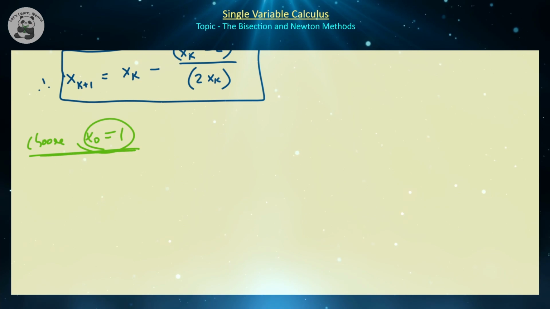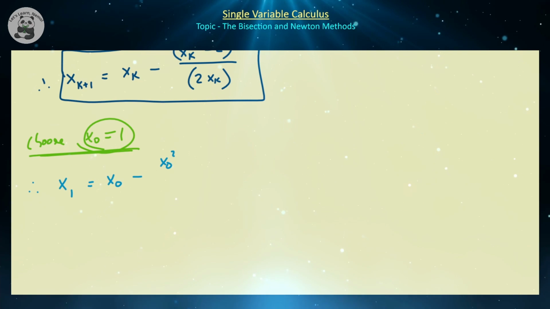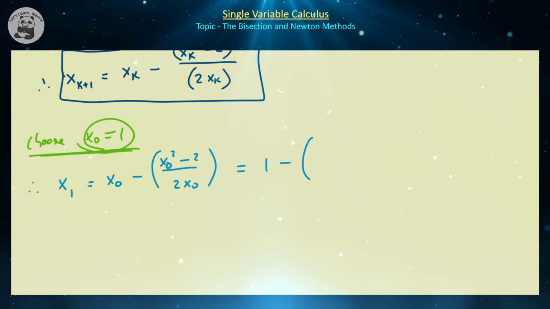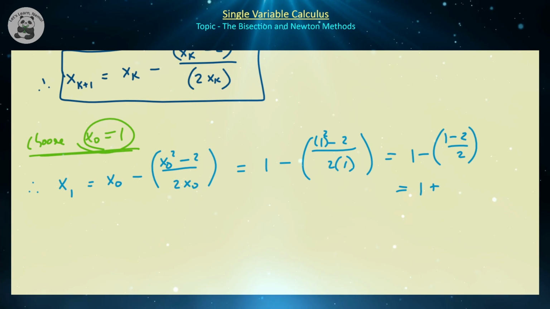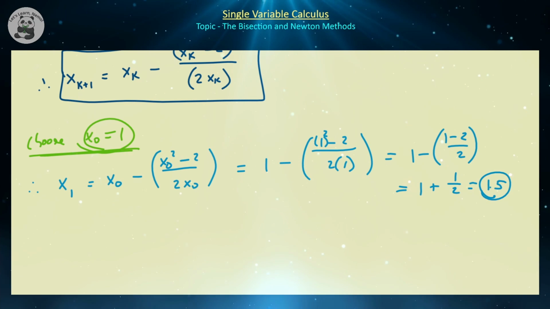So if we choose 1 to be our initial guess, then x1 is going to be equal to x0 minus x0 squared minus 2 all over 2 times x0, which is 1 minus 1 squared minus 2 all over 2 times 1, which is 1 minus (1 minus 2) over 2, which is 1 plus 1 over 2, which is 1.5, the same midpoint as for the bisection method.